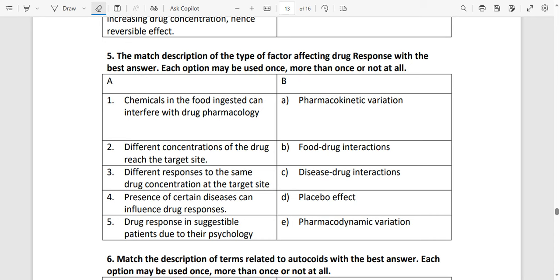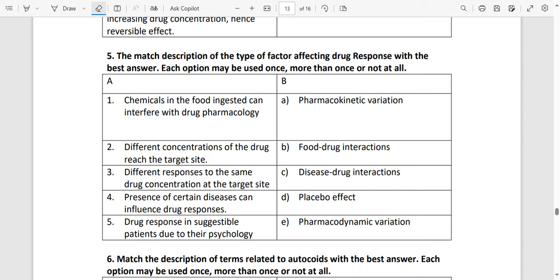Chemicals in the food can interfere with drug pharmacology. Food drug, thank you. And then two, different concentrations of the drug reach the target. Pharmacokinetics, thank you.